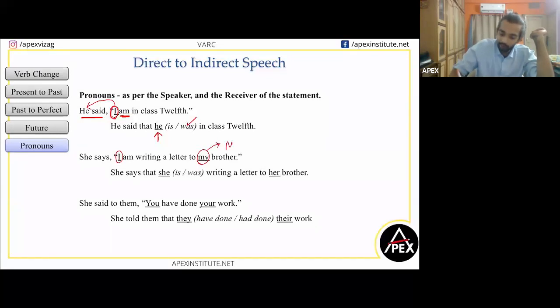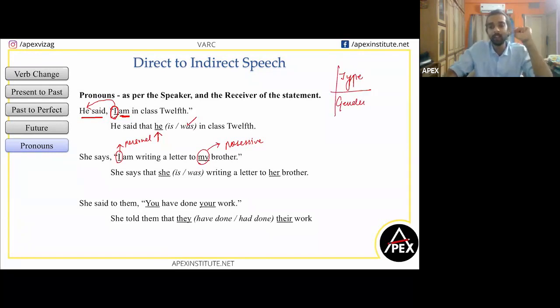This pronoun my is nothing but a possessive pronoun, no? And this I is nothing but a personal pronoun. So I have to remember that I am using the same type of pronoun and the same gender of pronoun. These two are very, very important things.